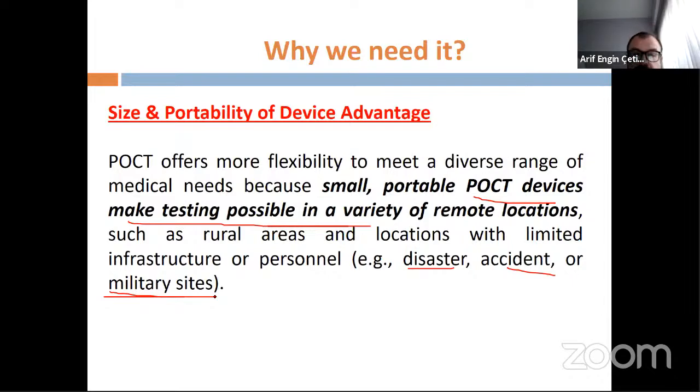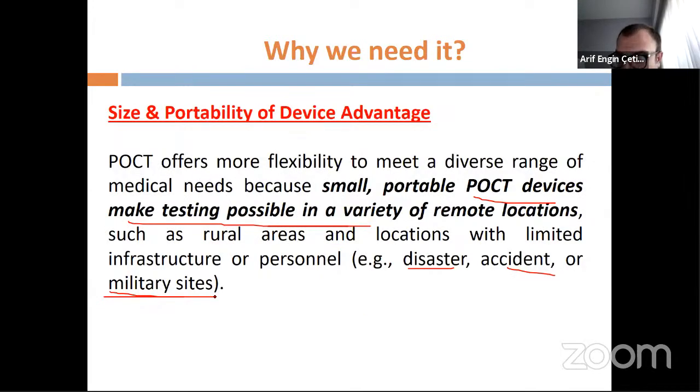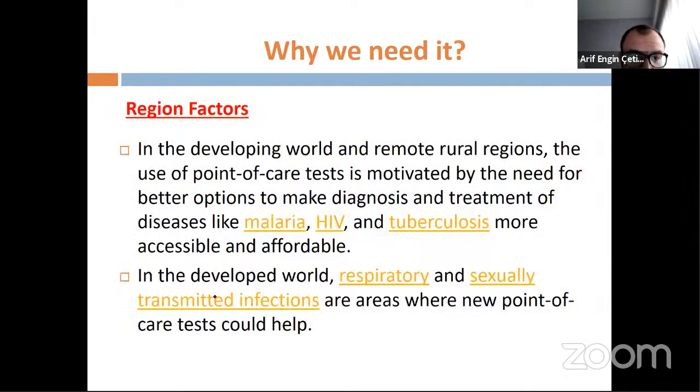So they could be used anywhere, anytime, without a need for any medical infrastructure or experienced operator. Since they are very flexible, they give you the flexibility to use them anywhere in the world.